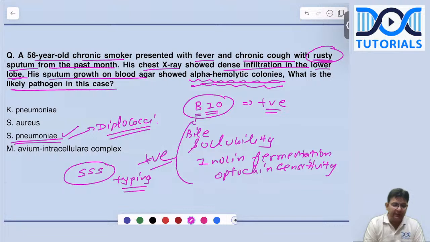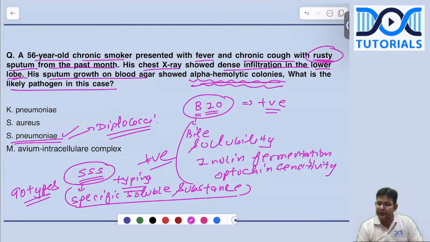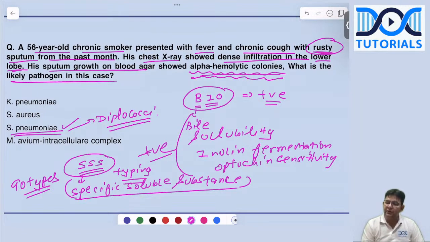And what is Triple S typing? Specific soluble substance based typing. According to that, it is divided into how many types, guys? 90 types.